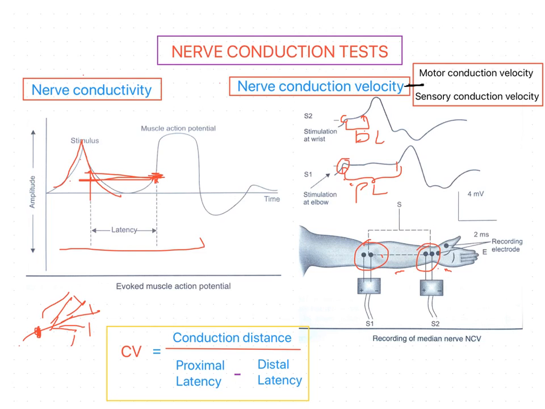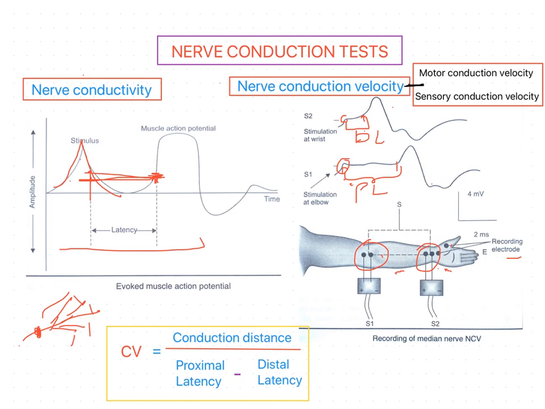If you stimulate the median nerve, normally the recording electrodes are placed at the thenar eminence, where this graph is recorded. That is, the myoelectric potential is recorded by this recording electrode, taken to the amplifier, and displayed on the oscilloscope.